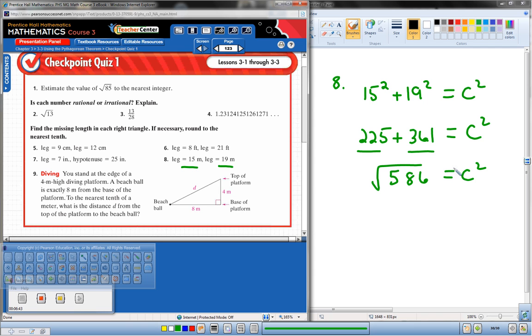And if someone would help me, the square root of 586? All right, 24.2. And so that's our missing side.